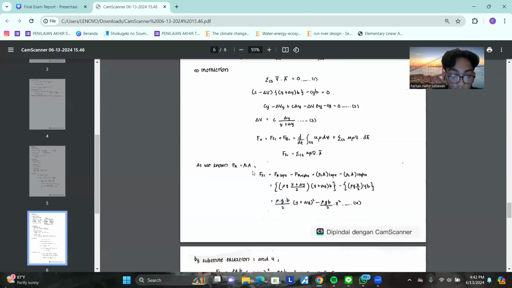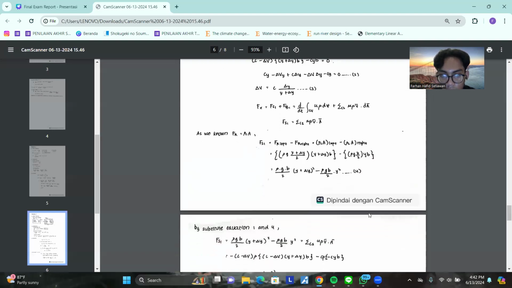For the two vertical surfaces of the control volume, Fs1 equals Fr left minus Fr right, equals p_c A left minus p_c A right. And we get the final equation: rho times g times b per 2 times (y plus delta y) squared minus rho g times b per 2 times y squared.